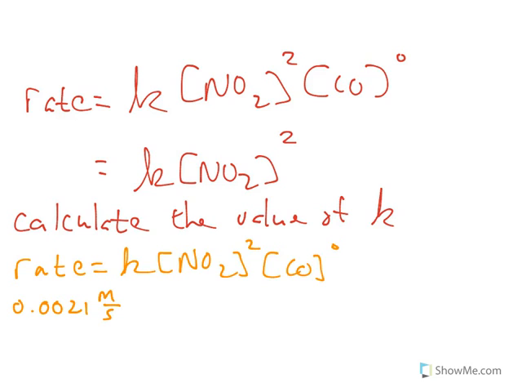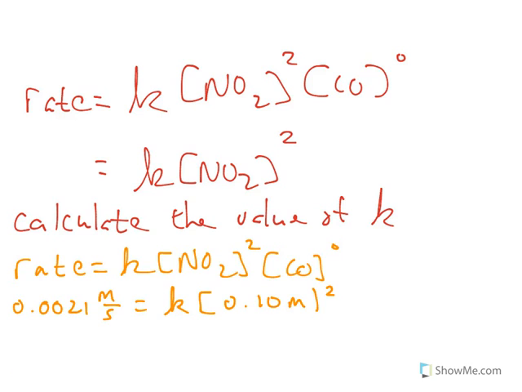Always, always, always. K, the units change depending on the order of reaction. All right? So we have to be careful with our units here. Okay? NO2 was 0.10 molar, and that was squared. And CO drops out. All right? Anything to the 0th power is just simply 1. Right? And the units are gone as well.